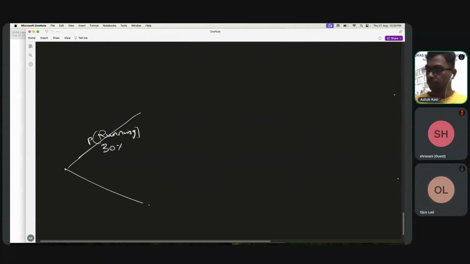That means the probability of a person not running is 70 percentage.